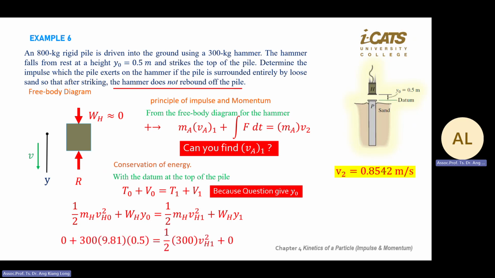So that's why in this equation on the right hand side, you see the potential is 0, because it stopped at the datum position. mgh after the hit, h will be 0. Your y1 is 0. That's why your potential is 0.